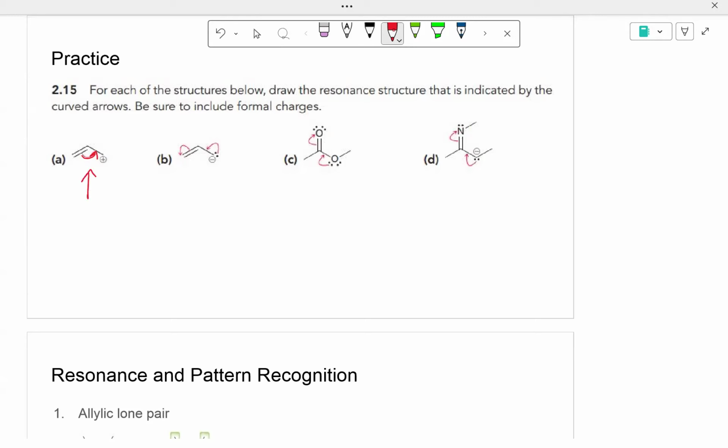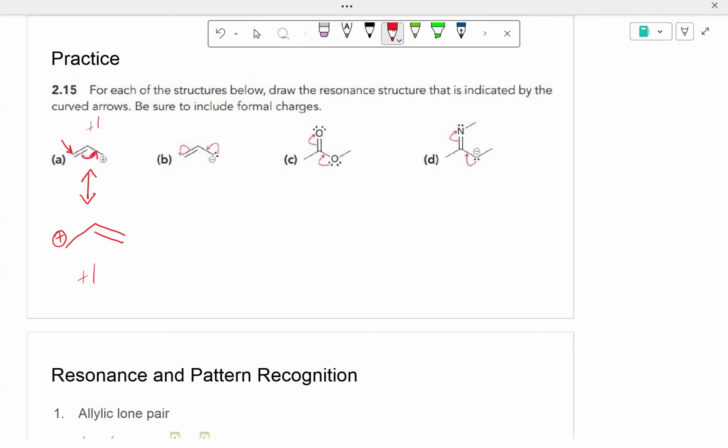So if I'm going to draw a resonance structure for that, now the double bond is there. And what happens to this carbon right here? Notice it's missing a pair of electrons around it now. So it's going to develop a +1 charge. Again, the formal charge to begin with was +1. The overall charge to end with is +1. So that's a good way to check.